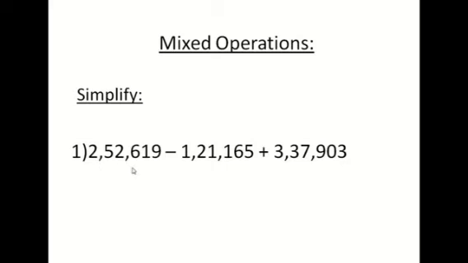So here 2,52,619 and 1,21,165 should be subtracted. Then that difference will be added up with 3,37,903. So let's start working. Please copy the sum in your page.